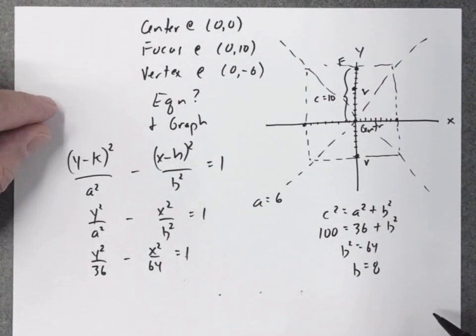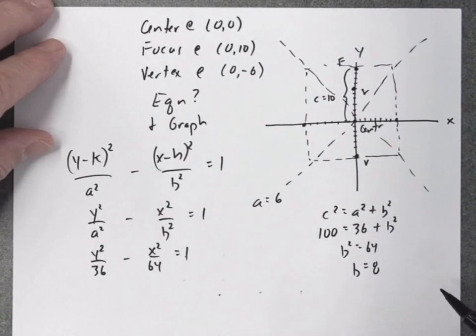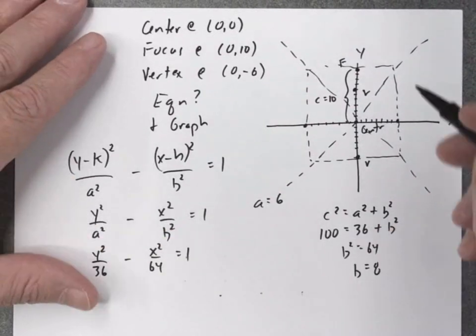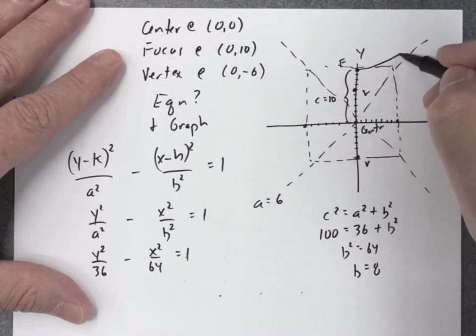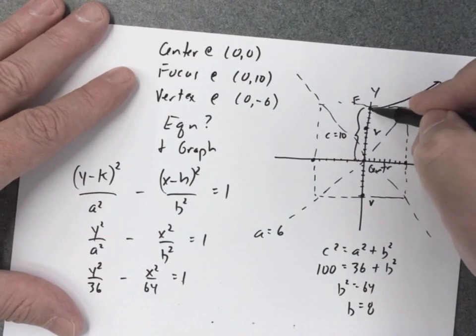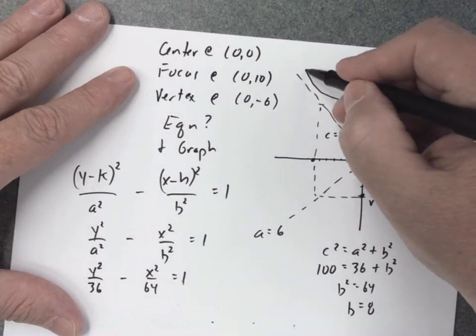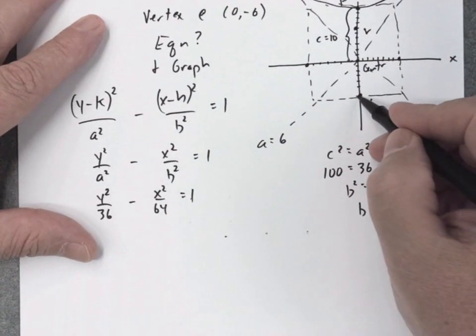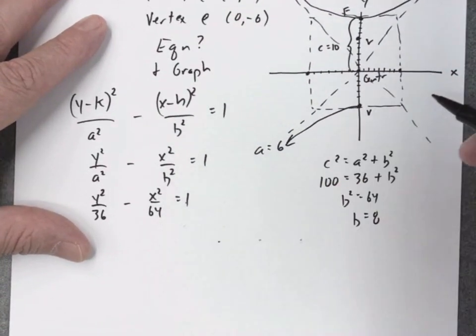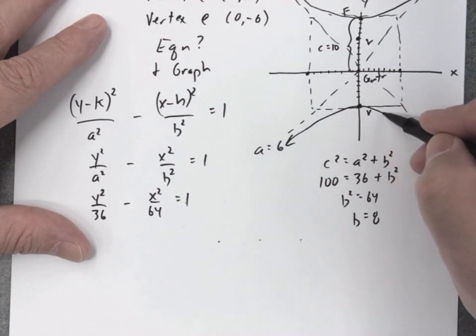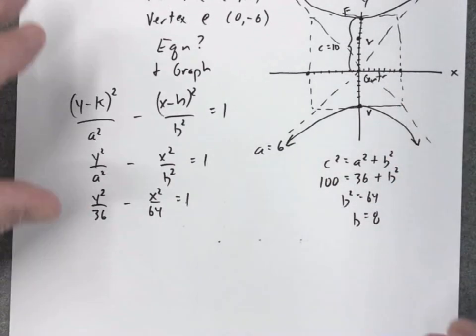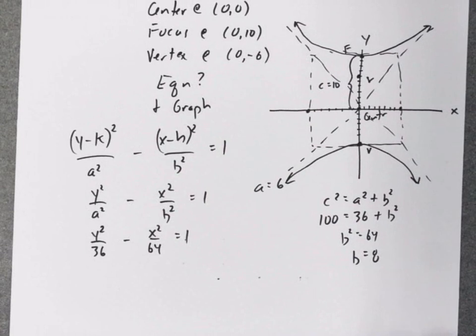And since this is an up or down hyperbola, it's going to be like this. All right.